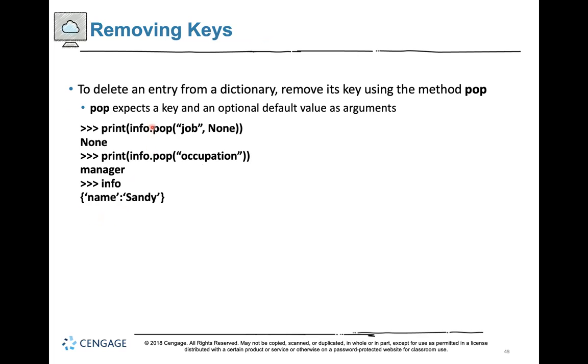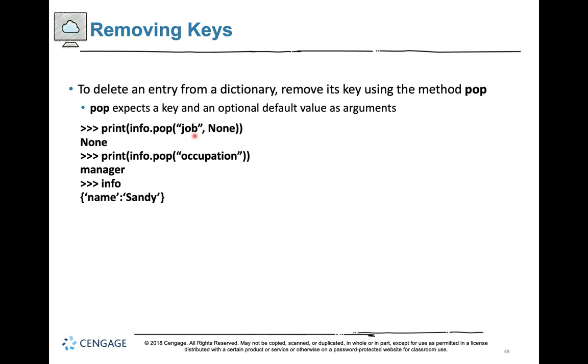Just like in a list, you can use pop to remove an entry from this dictionary, but you have to provide a key name. So you want to remove the entry with the key job.